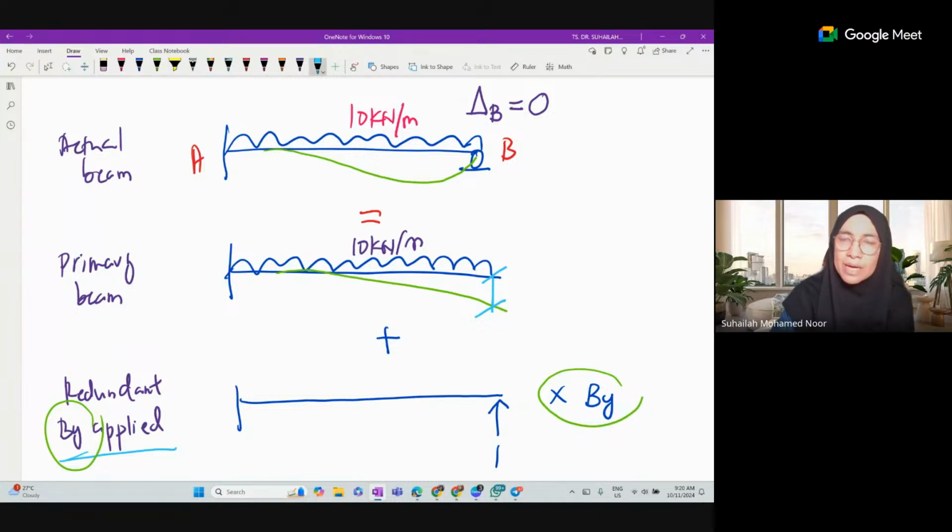We will have delta as well, but now it has value.